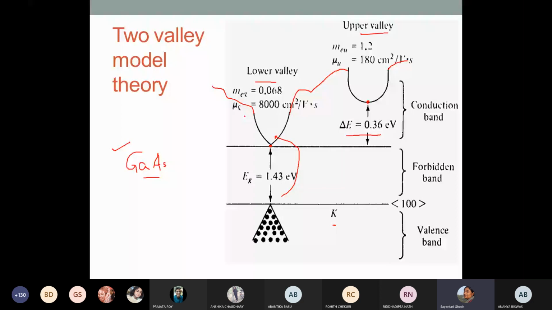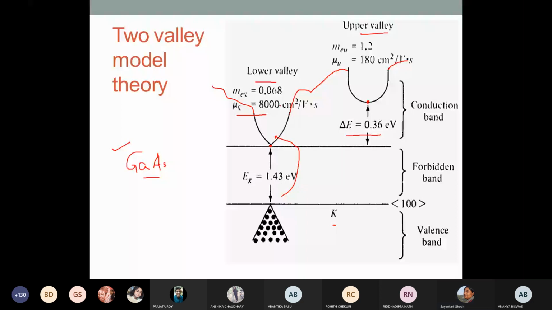So the mobility of these electrons is 8,000 centimeters square per volt second. The effective mass is quite low, 0.068. So the mobility is high, and the effective mass is quite low.